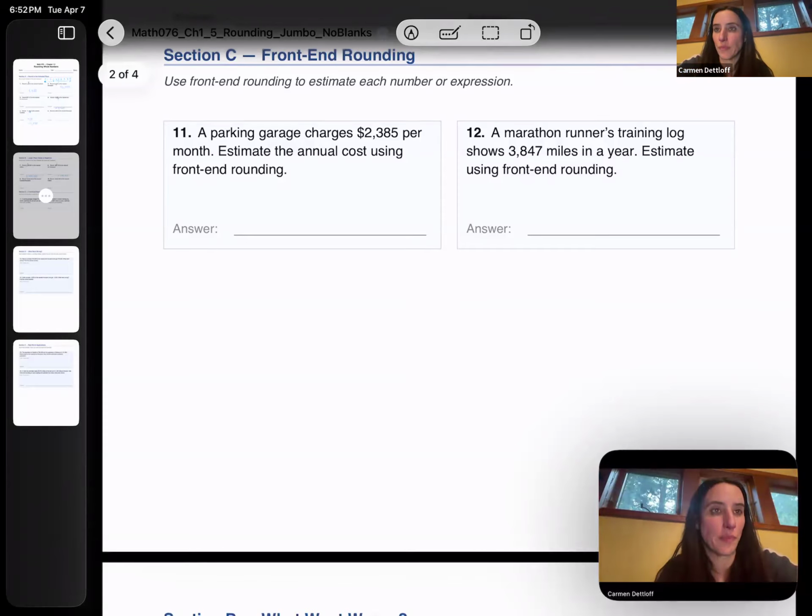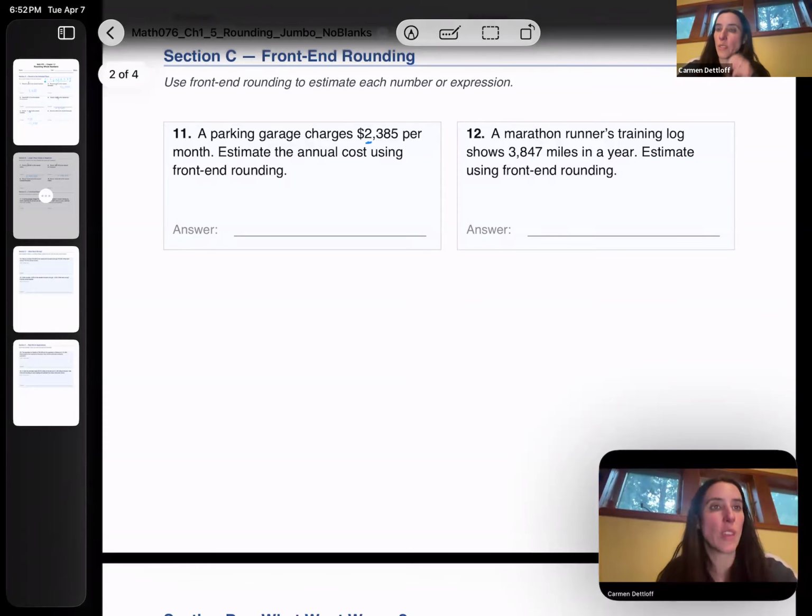So I'll look at my 2,000 number, and then I'll look at the digit beforehand, the 3 column, and the 3 is something that I'm going to round down. So my answer is rounded down to the nearest thousand of 2,000. And then that is my charge per month, and it says estimate my annual cost.